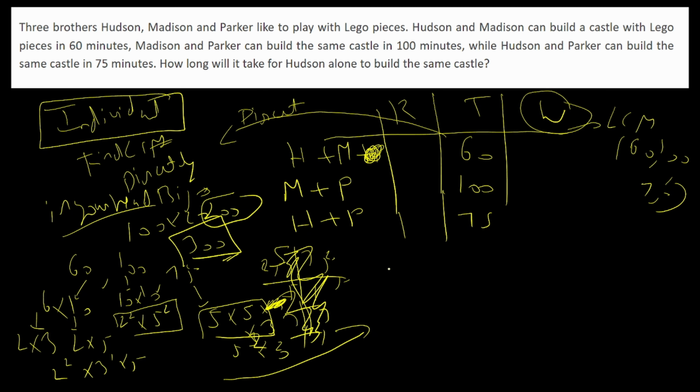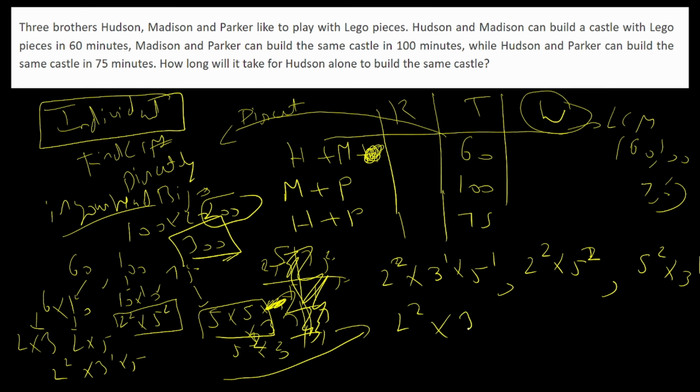Let me write it properly for you. Take 2 square, which is the highest, take 3 power 1, which is the highest, and take 5 square, which is the highest. 4 into 3 into 25.